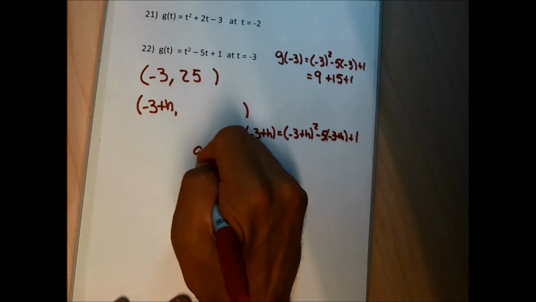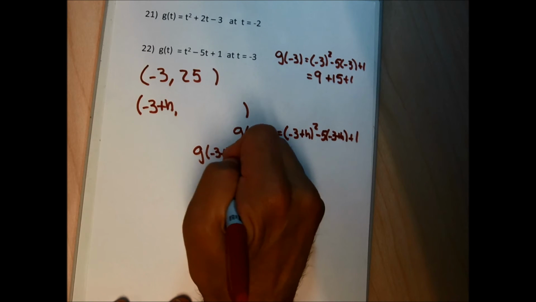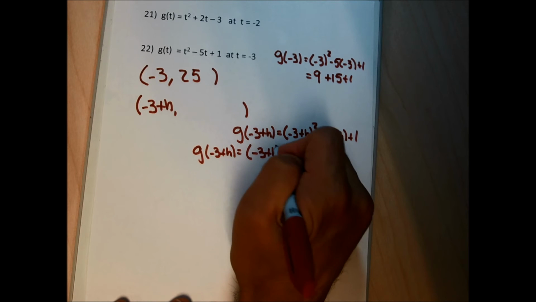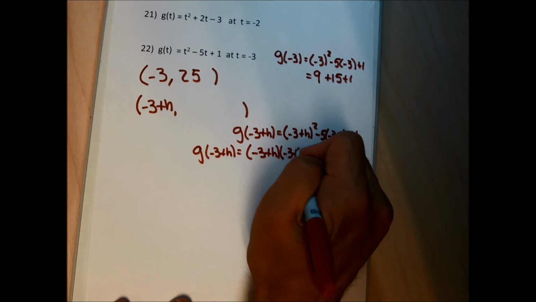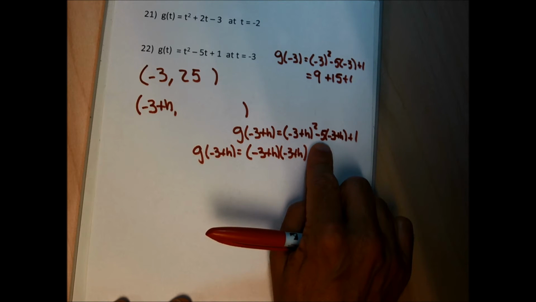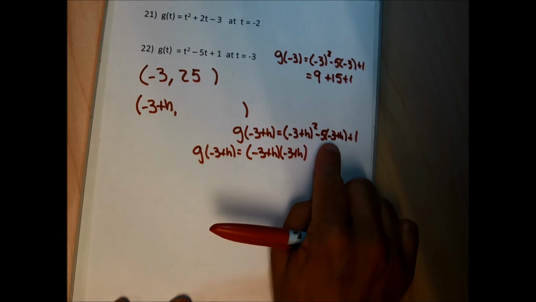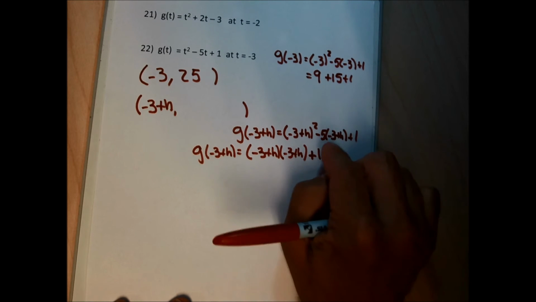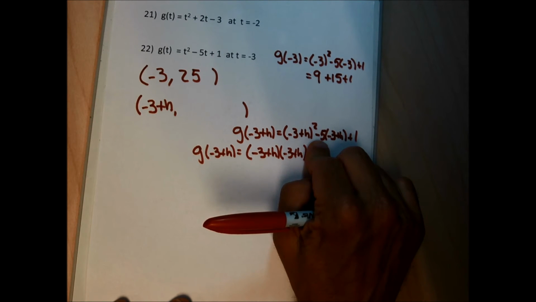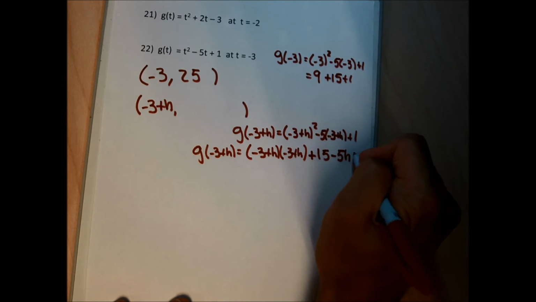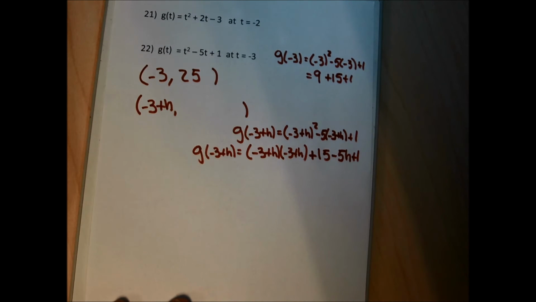So that's going to give me -3 plus h times -3 plus h. I need to do that. For this one, when I go -5 times -3 plus h, I go -5 times -3, which is plus 15. Negative 5 times positive h is negative 5h. I still have the plus 1 over there.